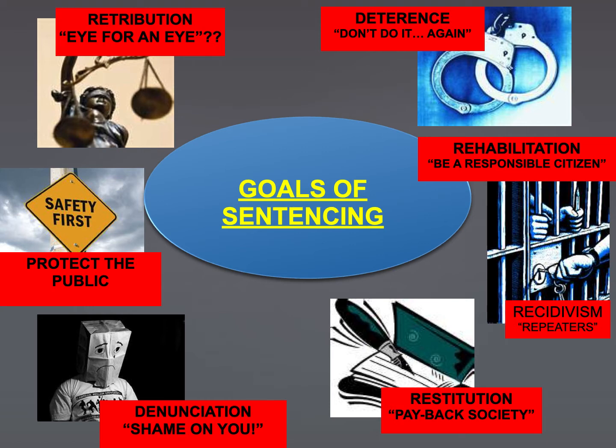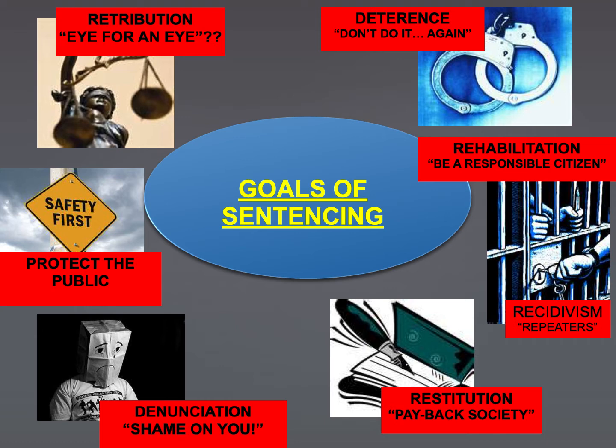Six is denunciation, shaming that person. Now, that doesn't happen all that often in Canada, but there are definitely some examples where public shaming does occur. But like I said, that is kind of few and far between now because of the Charter and various constitutional rights.